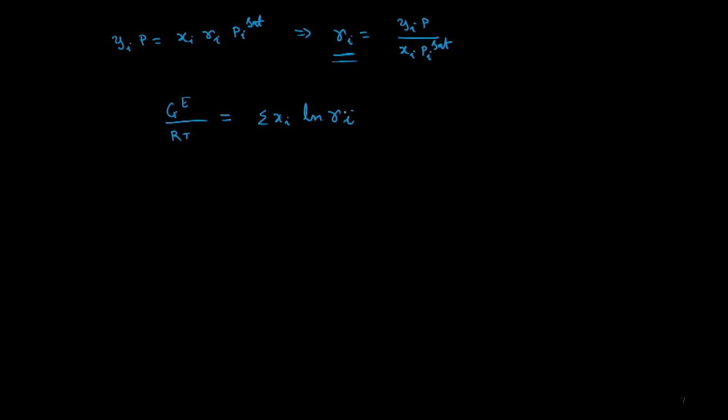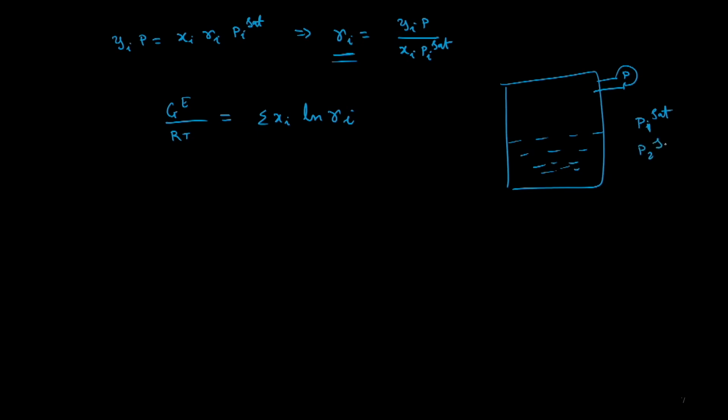So I can do an experiment. I can take a closed vessel, fill it with pure species, and put it in an isothermal bath, and note the pressure. That will give me P_1 sat at that temperature. Change the liquid, and it will give me P_2 sat. The first one was P_1 sat. And then I can put a mixture of both the liquids and allow it to attain equilibrium.